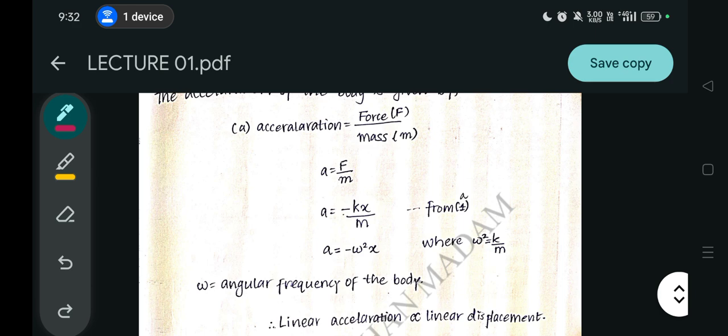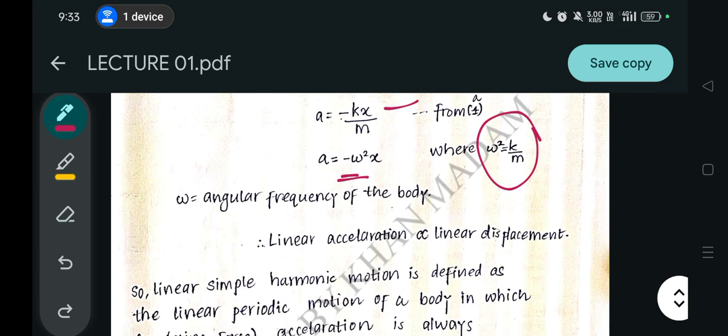We substitute F equals minus kx, so a equals minus kx by m, and we know that the angular frequency of the body is given by omega squared equals k by m. So we will put k by m as omega squared and keep the negative sign as it is. Now here a is the linear acceleration and x is the linear displacement.